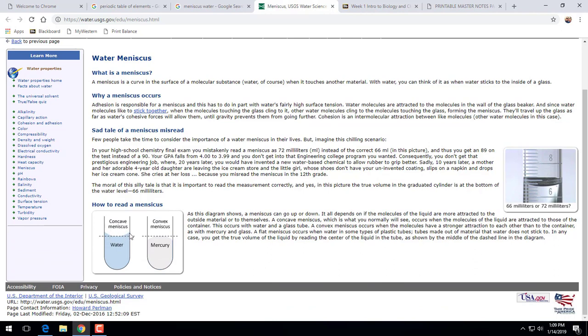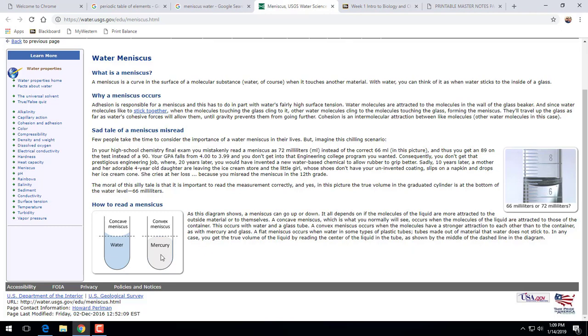It climbs up the sides of the glass container or the test tube. See this here, same thing. So when I'm measuring this volume, I always measure the bottom of that curve that water makes in a container. That's the accurate way to measure water, the bottom of the meniscus.